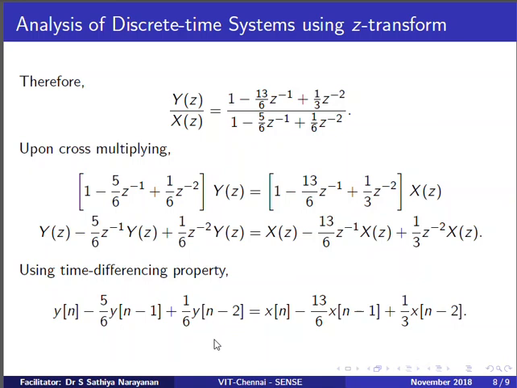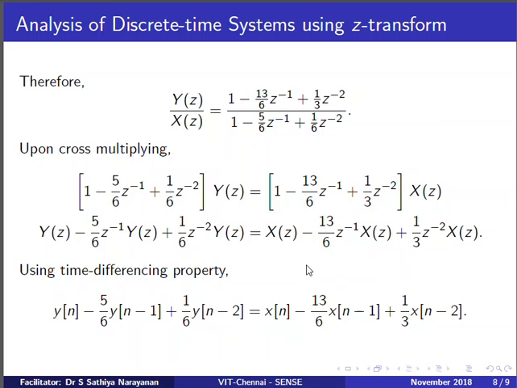And the same Y of z divided by X of z ratio can be used to obtain the difference equation of the system. So we did cross multiplication, arranged Y of z terms on our left and X of z terms on our right. Then taking the inverse z transform and using the time shifting property, we obtained the constant coefficient difference equation.